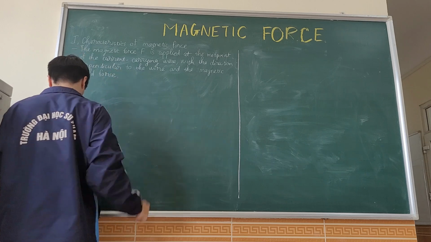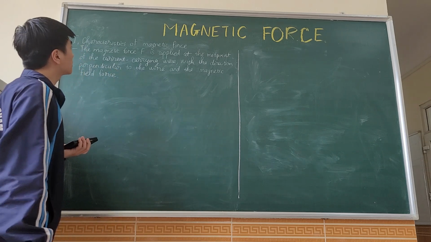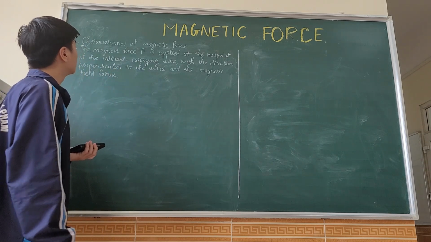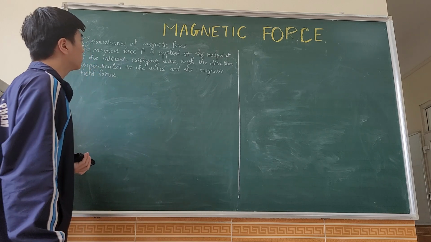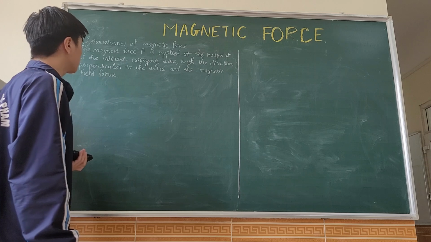So the magnetic force is in a direction perpendicular to the wire and the magnetic field.